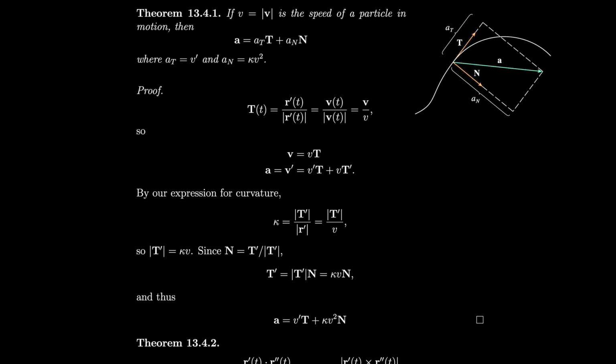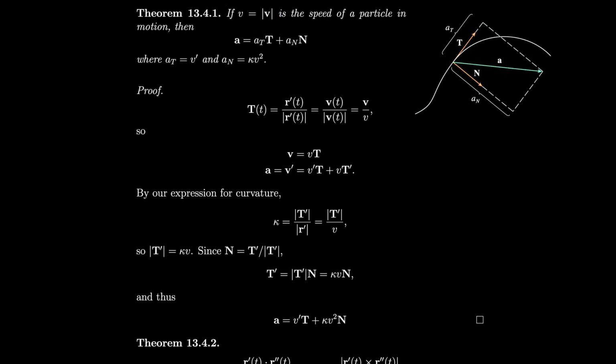So to prove this, we'll write our unit tangent as its definition, derivative of position over the length of the derivative of position. And the derivative of position is just velocity, so that's velocity over the magnitude of velocity, which is velocity over this scalar v that we used for notation purposes.